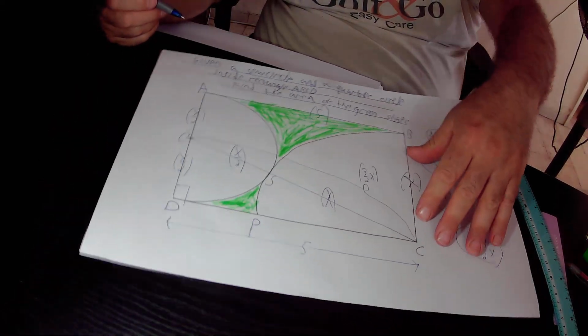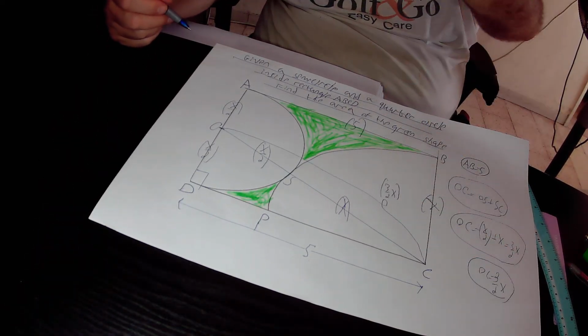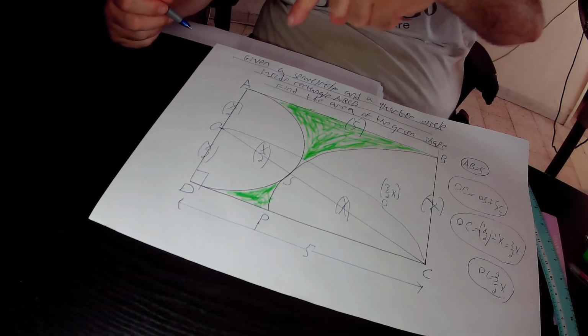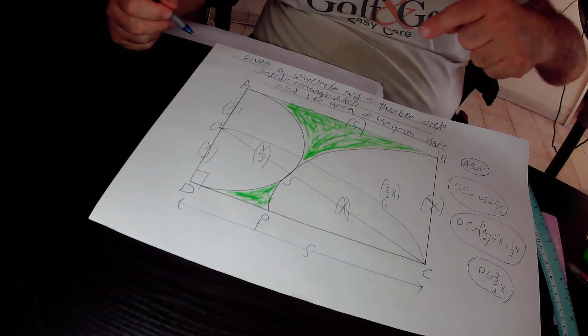In the next step, I'll copy the right triangle ODC in the new page, and we will implement the Pythagoras theorem on this right triangle ODC.